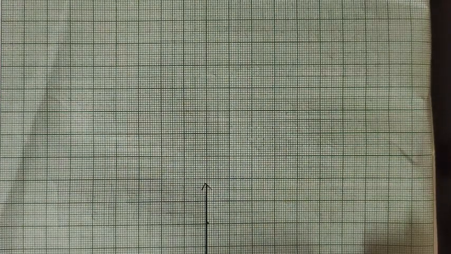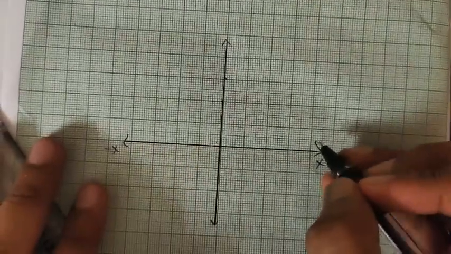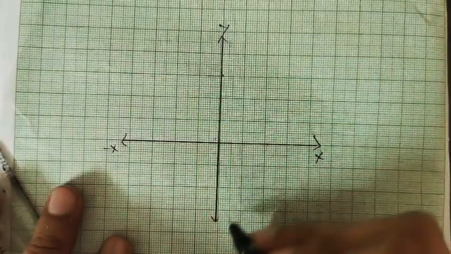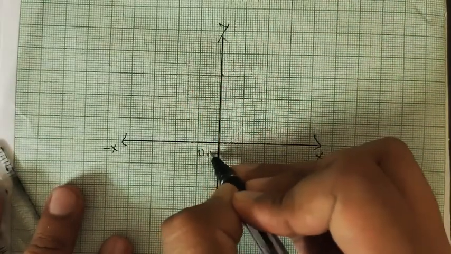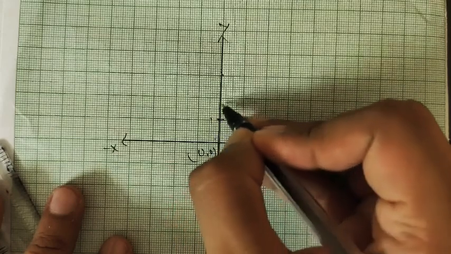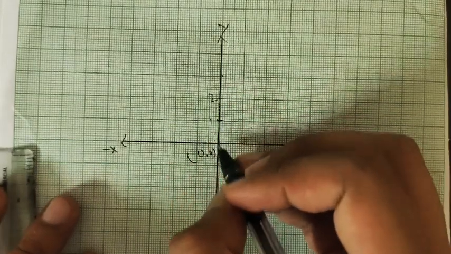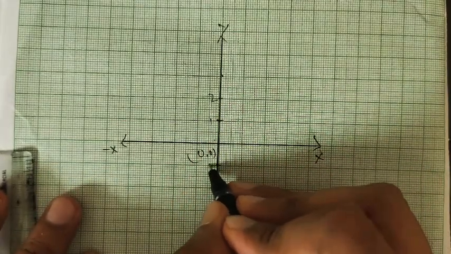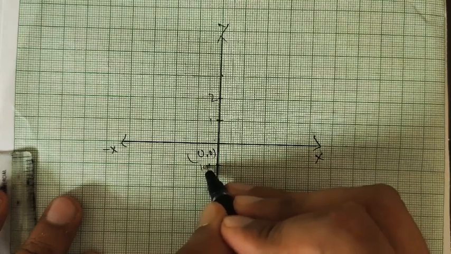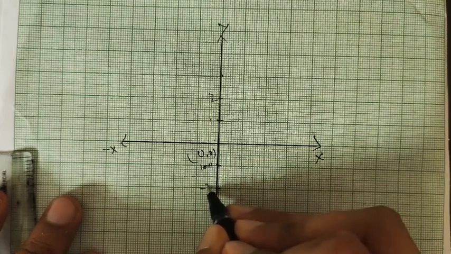It should be straight. Now y is equal to minus 2, minus 1, minus 2.